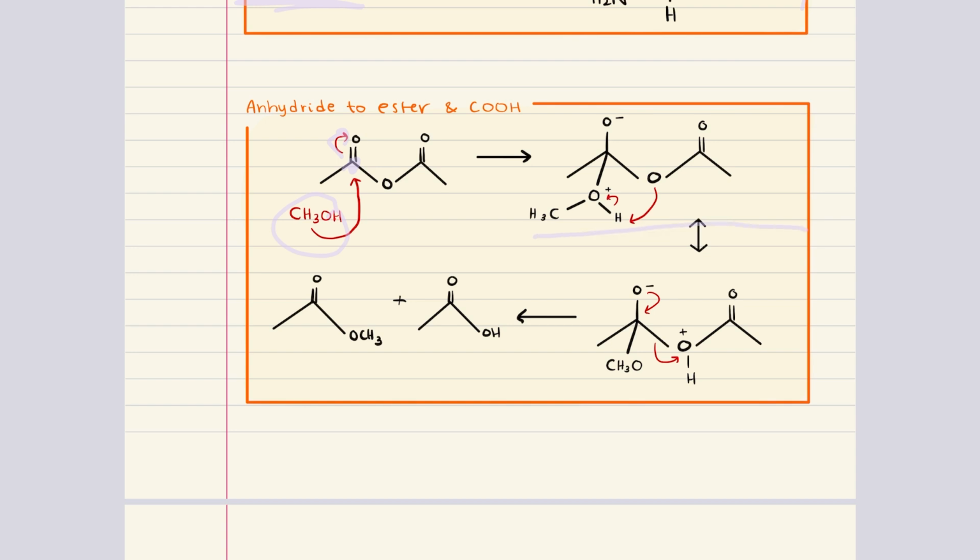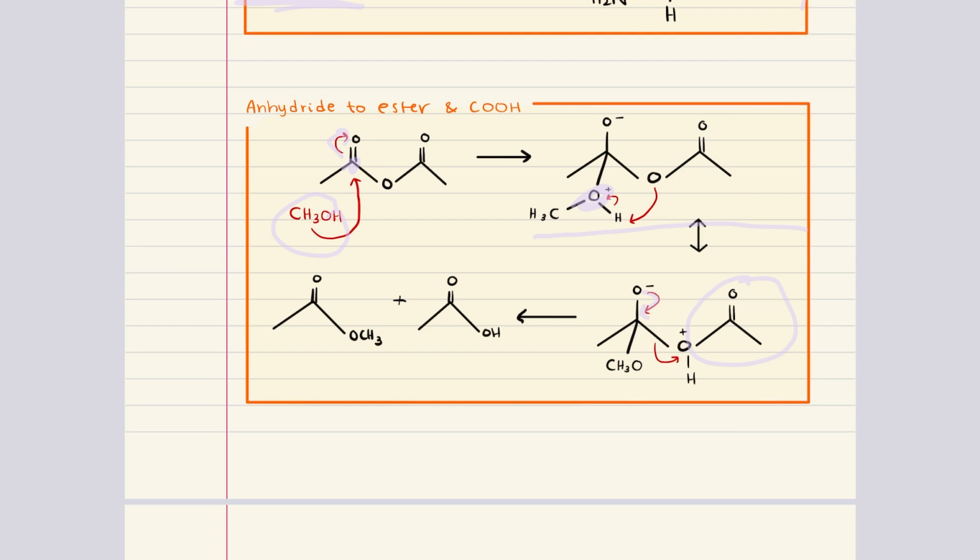In this intermediate, the oxygen from the alcohol now carries a positive charge because it has added to the carbonyl. The structure then collapses by reforming the carbonyl bond and ejecting the leaving group, which is again a carboxylate anion.